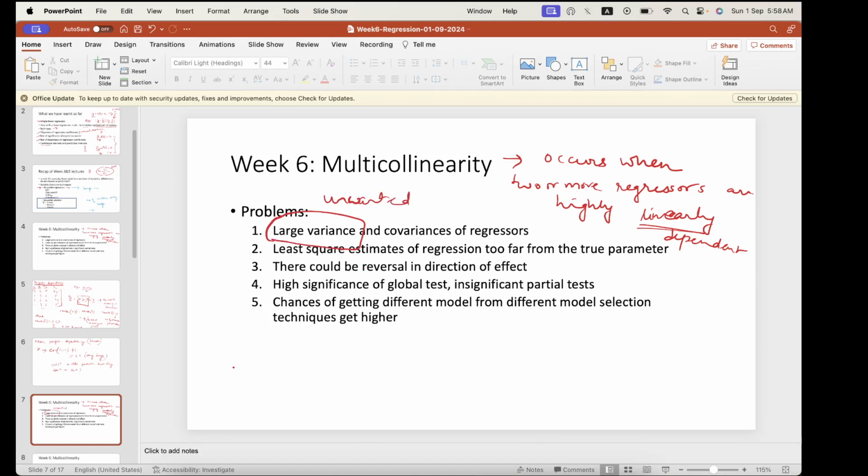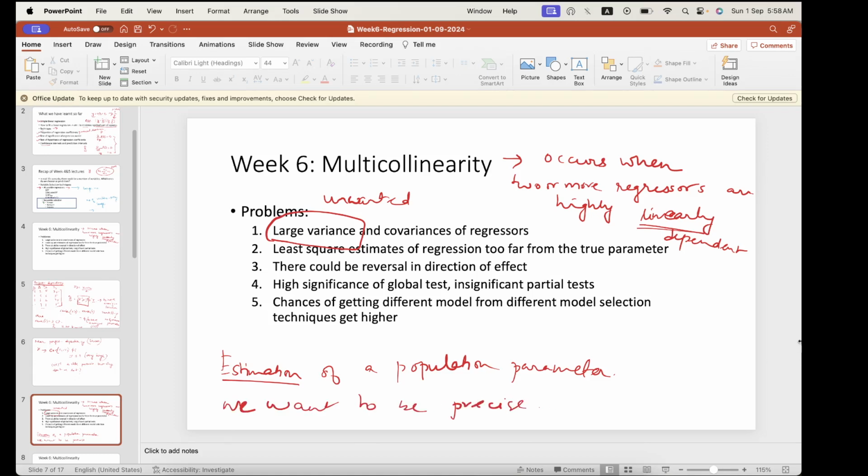Why? Because let's say we are doing some sort of estimation of a population parameter. We want to be precise. If this is my true population parameter, we want to go as close to this point as possible.